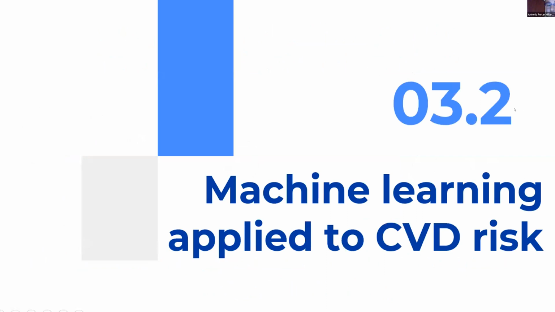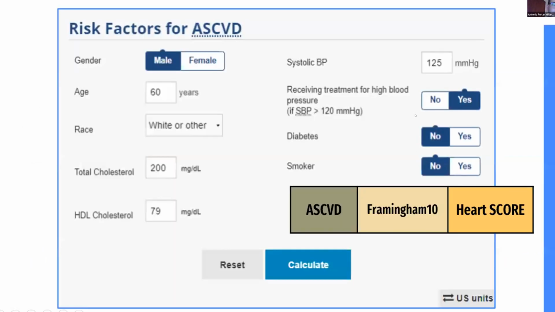So let's move now to the second example, which is machine learning applied to CVD risk. CVD is cardiovascular disease. To put you in context, there are already some calculators, which are scales, for instance ASCVD, Framingham, or the Hertz score.